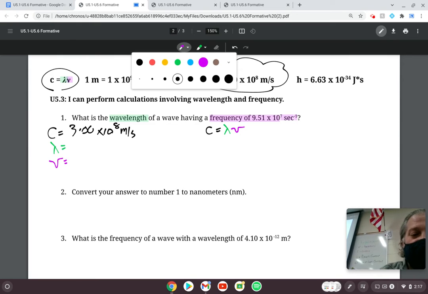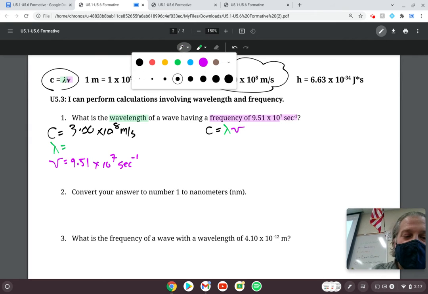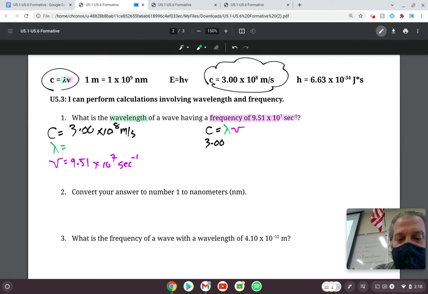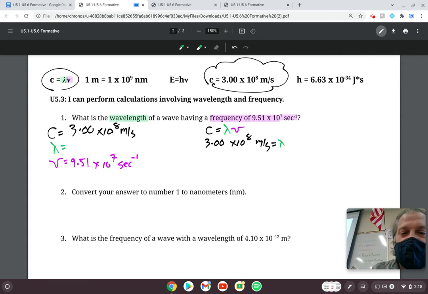And I'm given that the frequency in this case is 9.51 times 10 to the 7 per second. So I'm going to plug those in. I'm going to take the 3.00 times 10 to the 8 meters per second, solving for the wavelength, when I know the frequency to be 9.51 times 10 to the 7 per second.